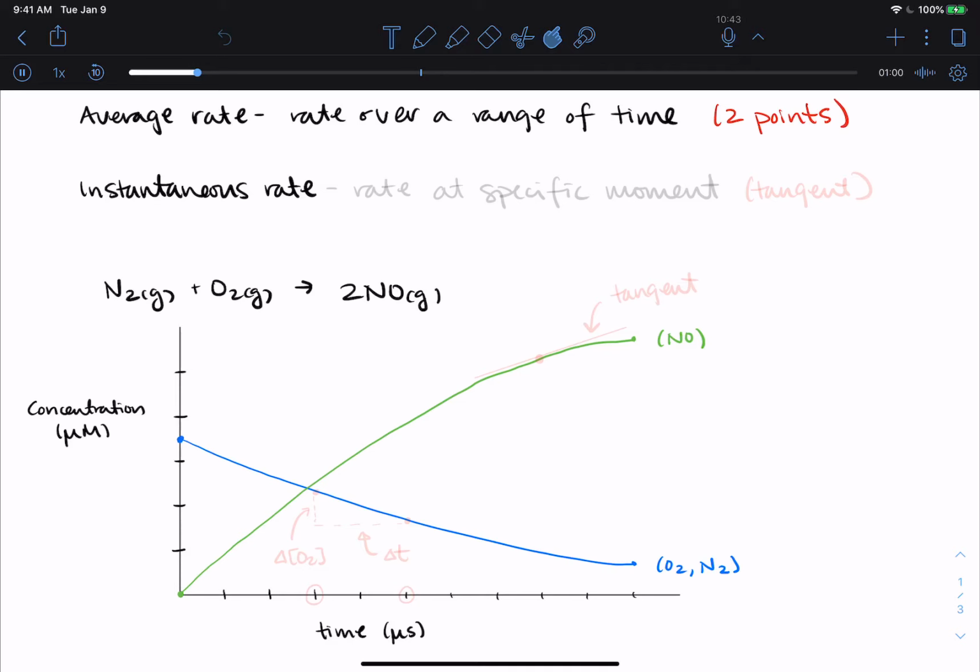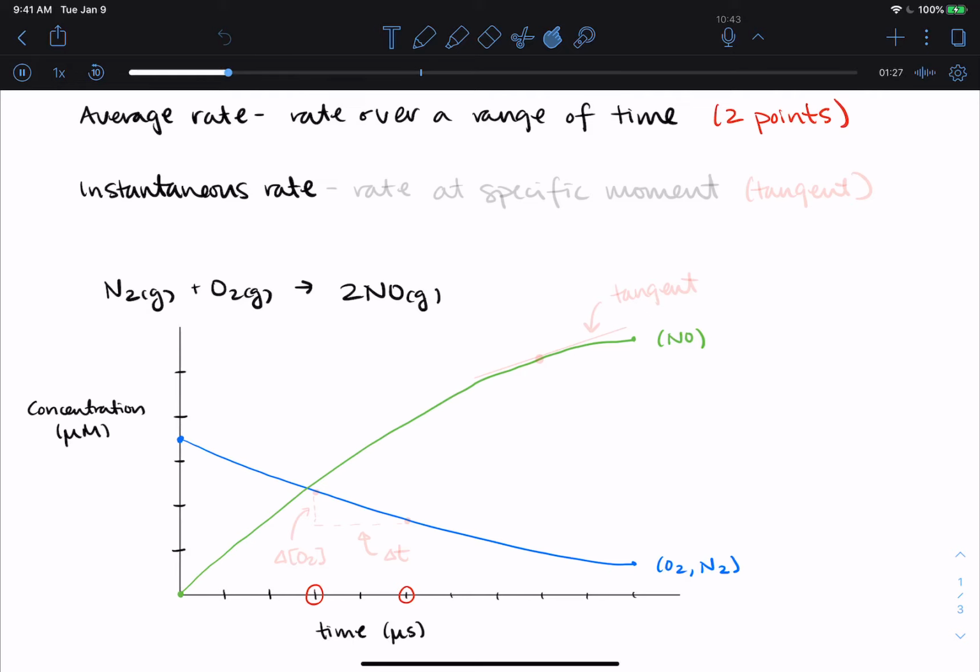So over a very specific period of time, so I don't have any numbers on my time scale here, but this is a time scale in microseconds. And so let's say I want to know from this time point to this time point about my rate of reaction. I have a choice, right?